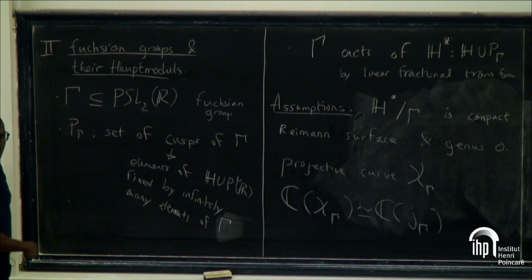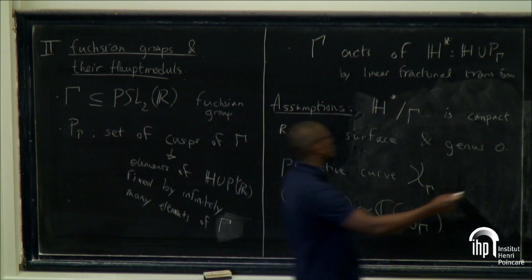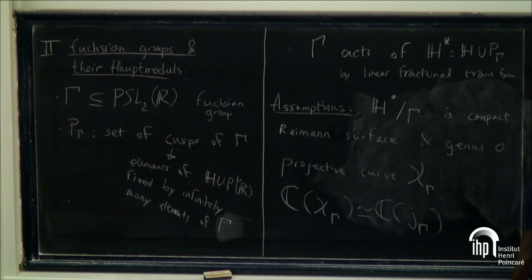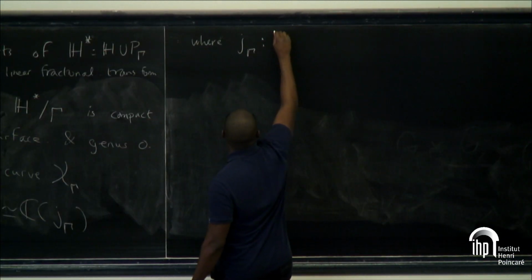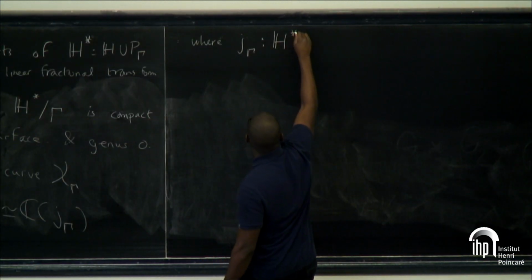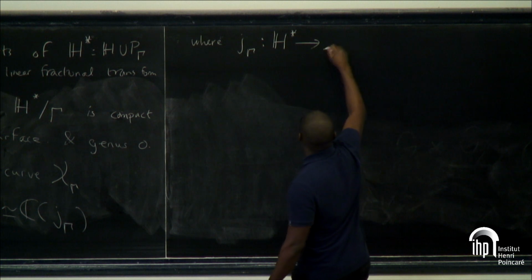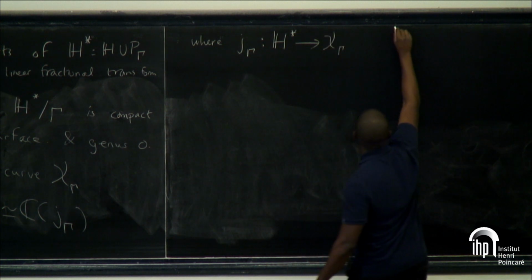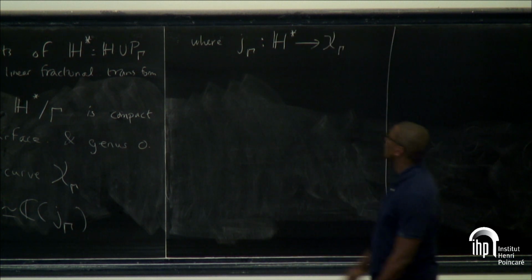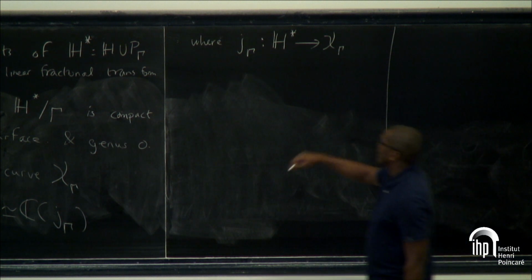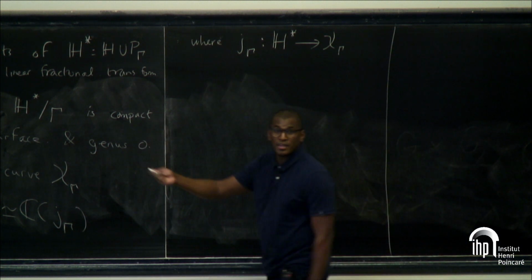The choice of J gamma is not unique. And so J gamma is a meromorphic map from H star to chi gamma. So it's a covering map, and as I said, automorphic for gamma.